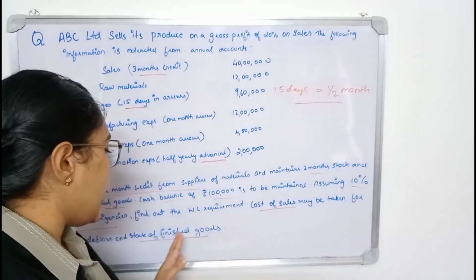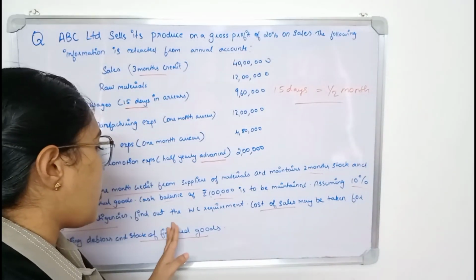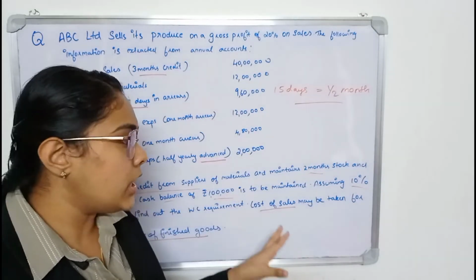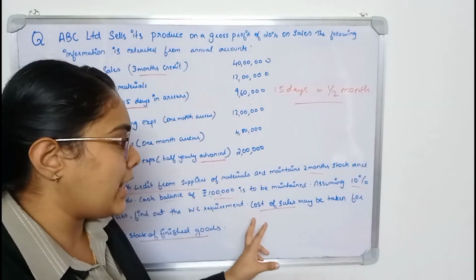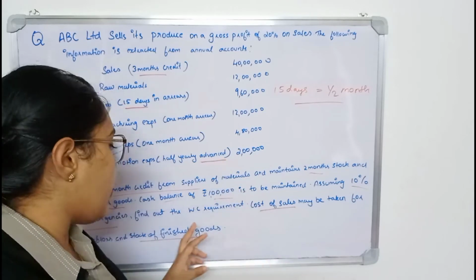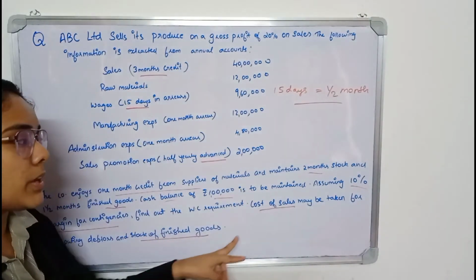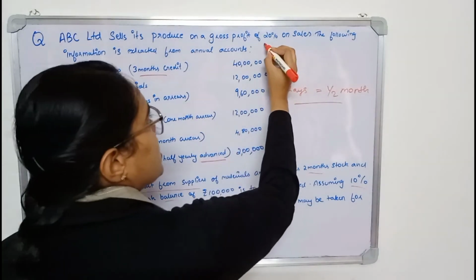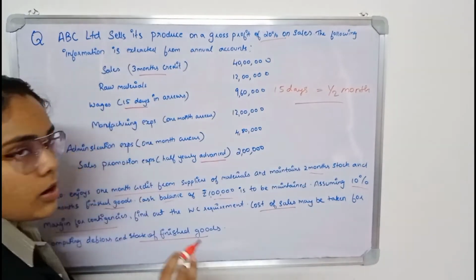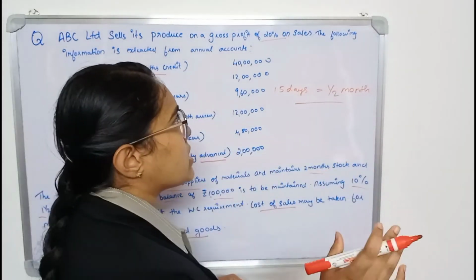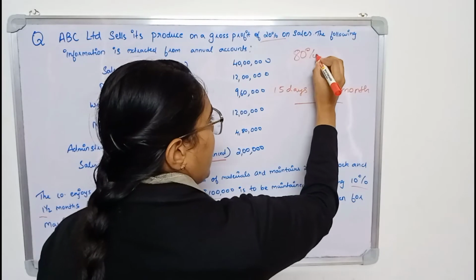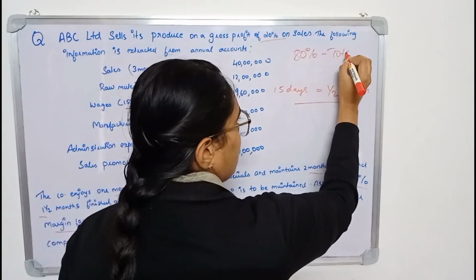Normally we compute stock of finished goods at selling price, or the amount will be given in the question. But here it is specifically said that you have to compute the value of stock of finished goods on the basis of total cost. And you know that 20% is your profit percentage. So 20% profit means 80% is the total cost.